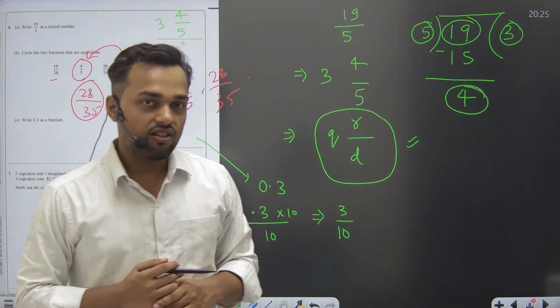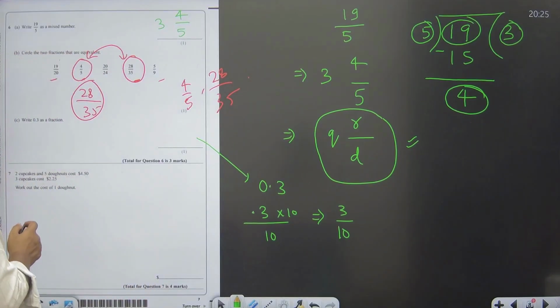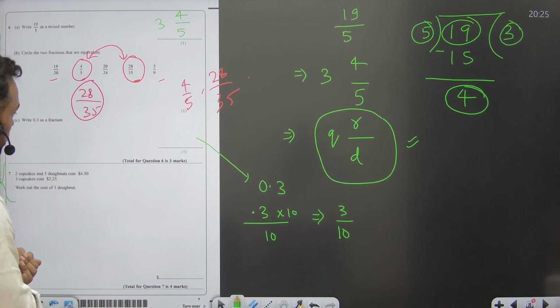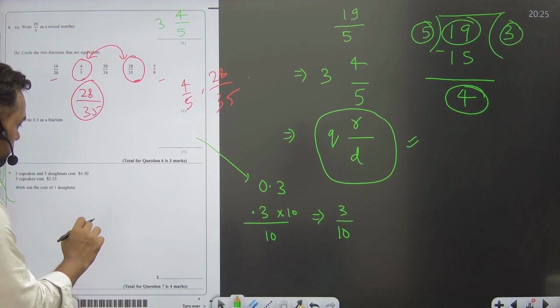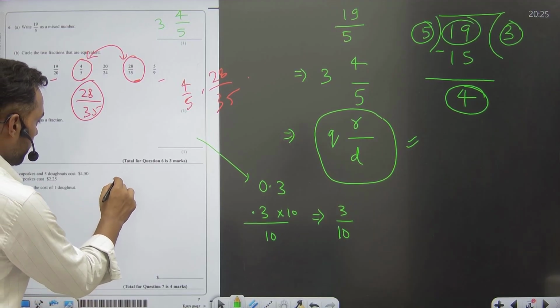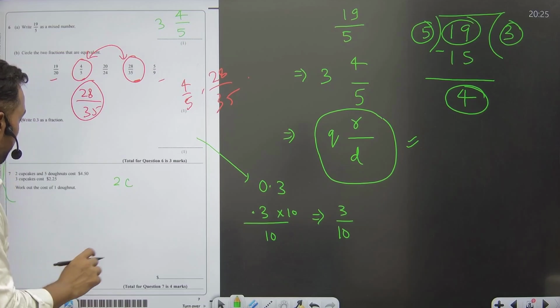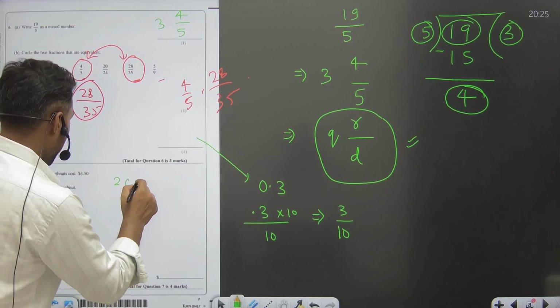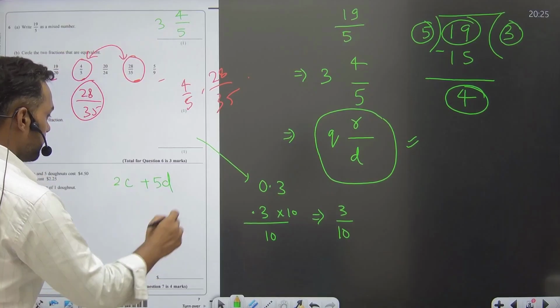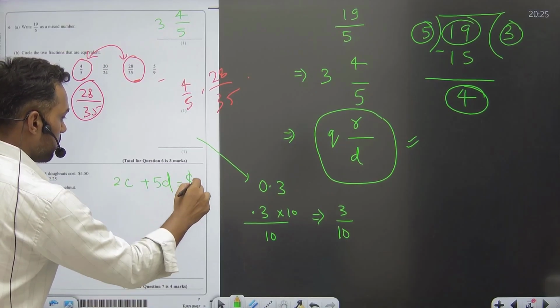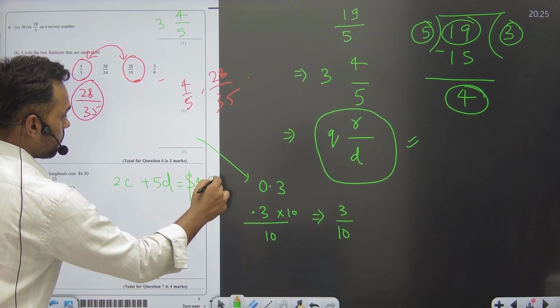Now the next question is: 2 cupcakes and 5 doughnuts cost $4.50. 3 cupcakes cost $2.25. Let's represent cupcake as C and doughnut as D. So 2C plus 5D costs $4.50.